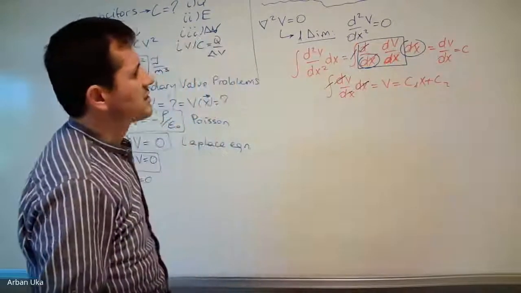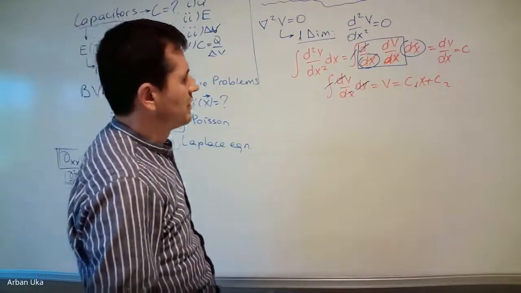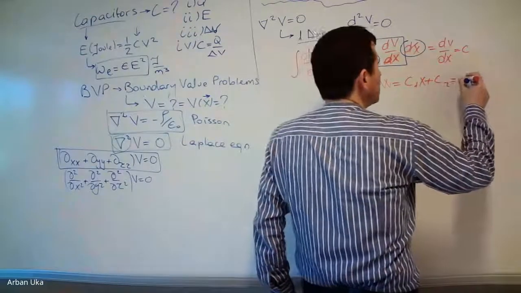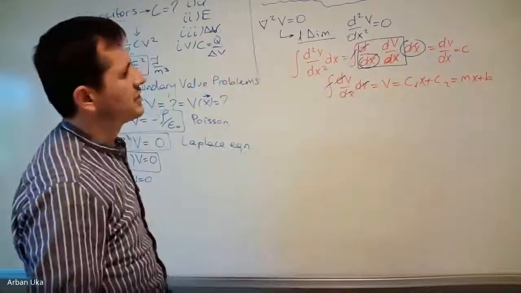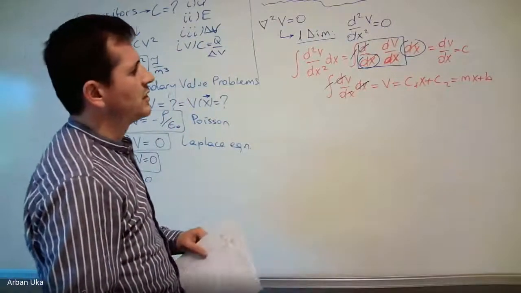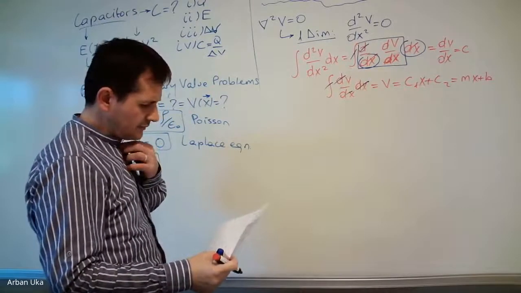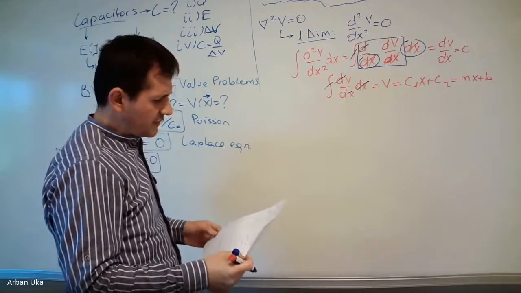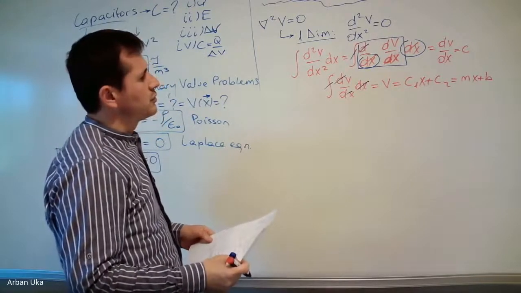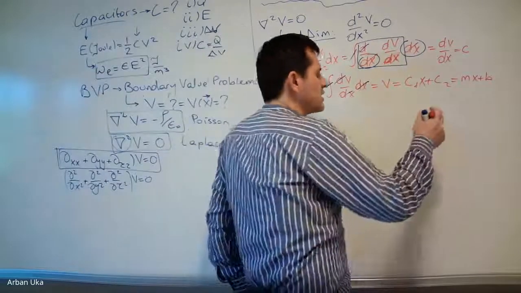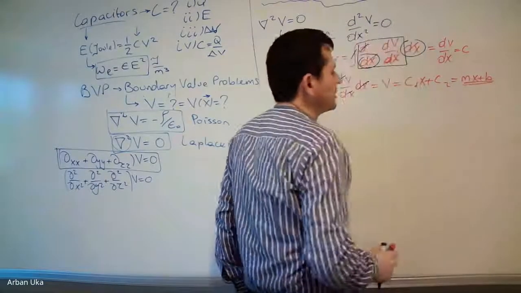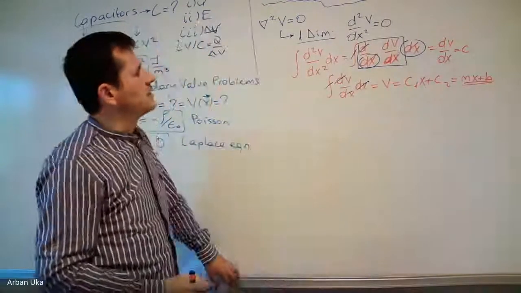We may have seen these types of solution a lot. They might look like mx plus b, where m is the slope of the function and b is the intersection with the y-axis. Now, this type of solution, what we can see here is what is essential in all the Laplacian equation.